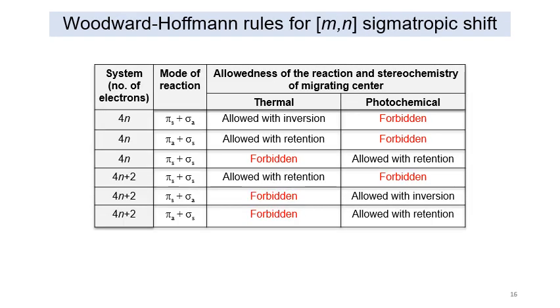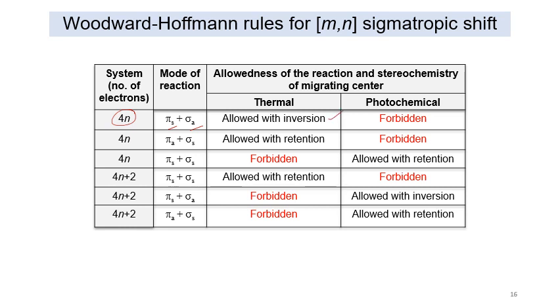What about the alkyl shifts? For alkyl shifts, we can see here the 4n systems we just saw, 1,3 type of rearrangement. It is allowed when it is pi supra and sigma antra. Obviously, because it is sigma antra, it will be allowed with inversion.